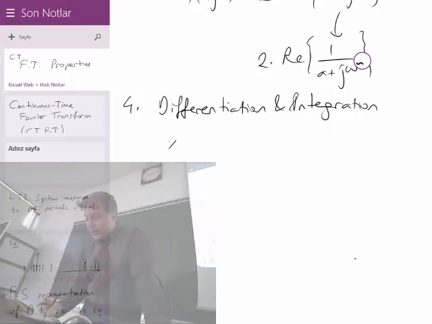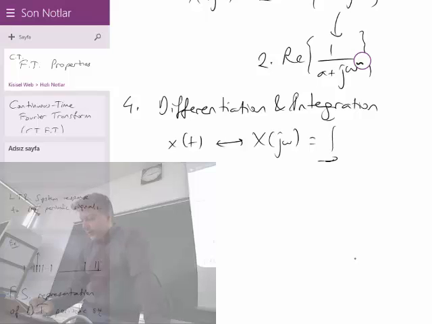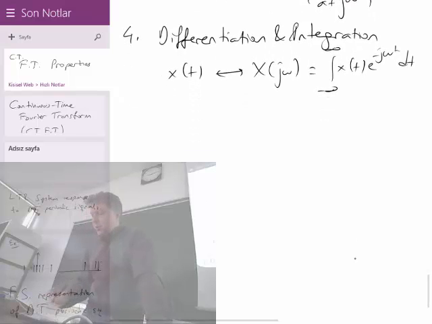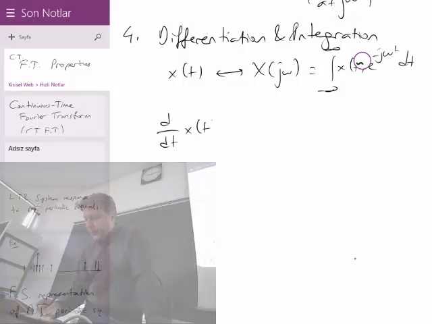What I'm trying to say is this: if you have x of t with a Fourier transform of x of j omega, which is equal to again the formula, integral of x of t e to the minus j omega t dt, what we are going to derive is what is the Fourier transform of this.